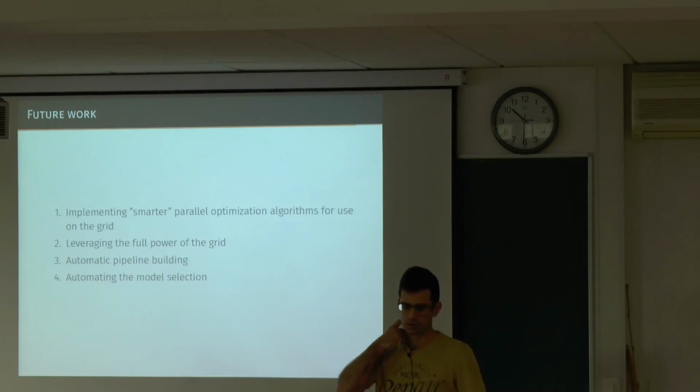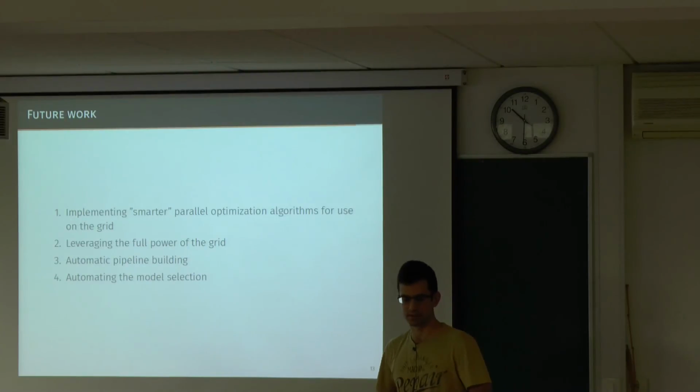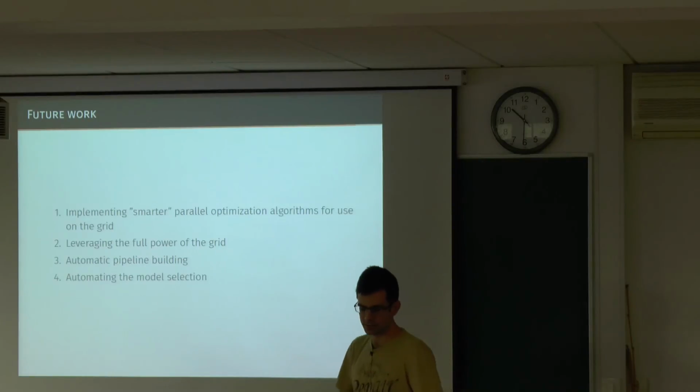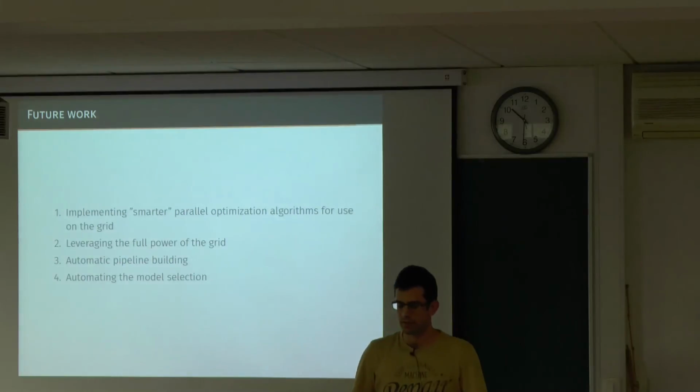So in future work, we've tested the random search. We could test or implement some smarter parallel optimization algorithms to use on the grid. And to leverage the full power of the grid, we would need some kind of connection, which will become available soon.